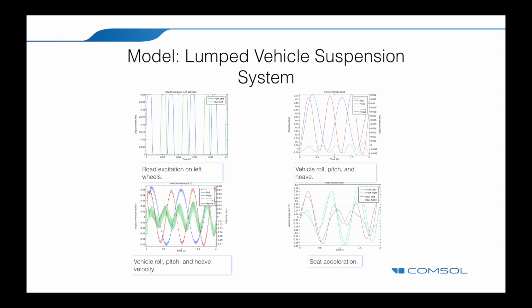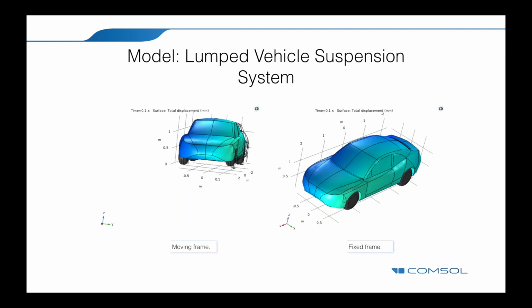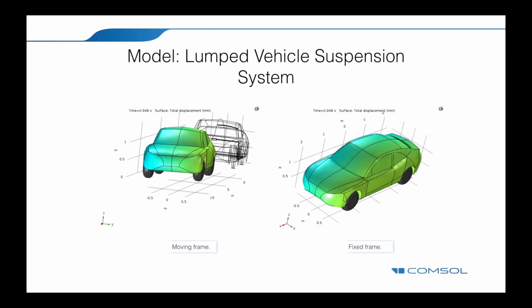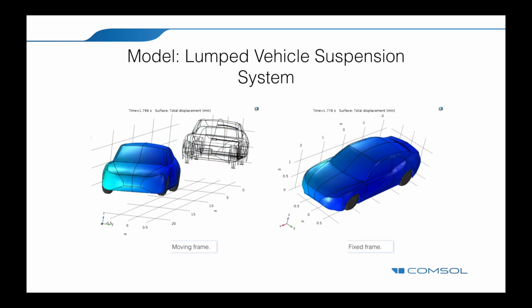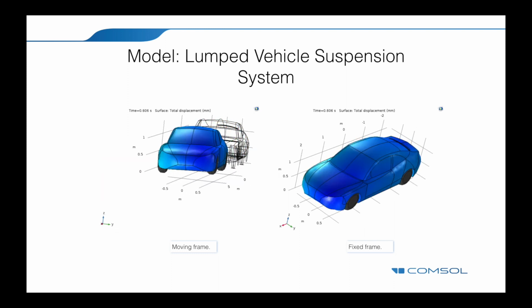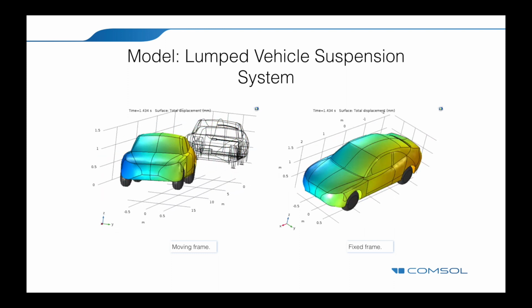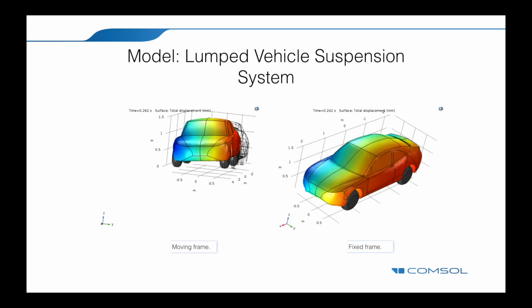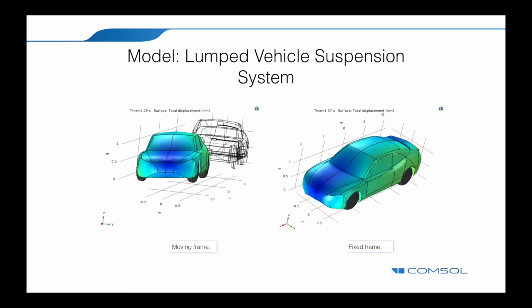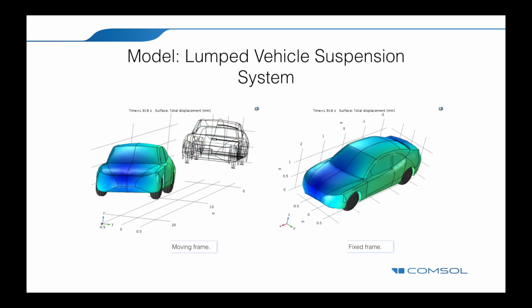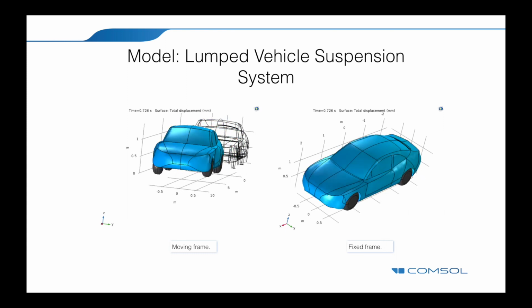And at the end you can create a full animation where the body, the frame of the car is a rigid domain, and the suspension and the seats are modeled with the lumped mechanical system. So you can create a full vehicle simulation in this sense.